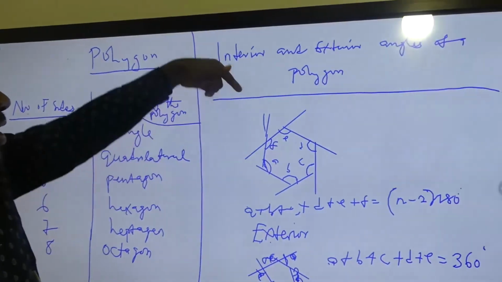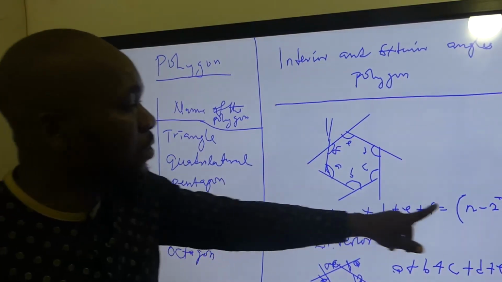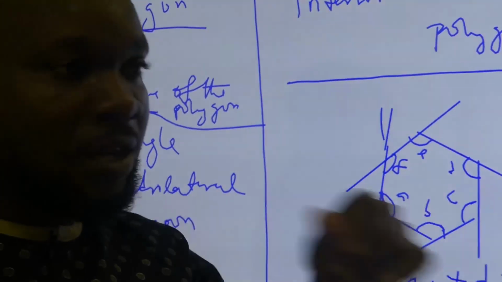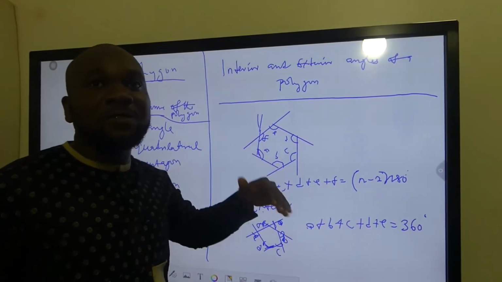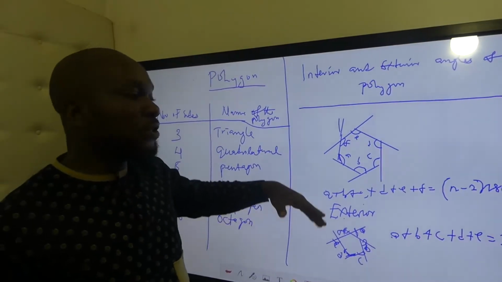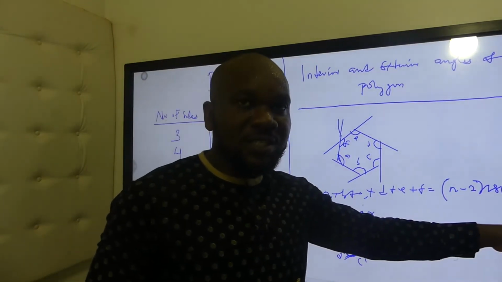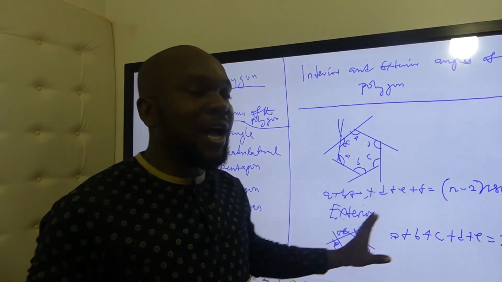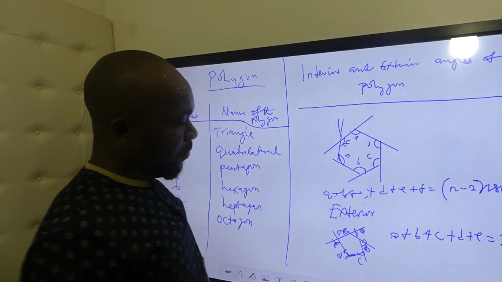The sum of the interior angles, meaning inside angles, is equal to (n minus 2) times 180 degrees. N is the number of sides of that polygon. For exterior angles, the sum of the exterior angles of a polygon is equal to 360 degrees.